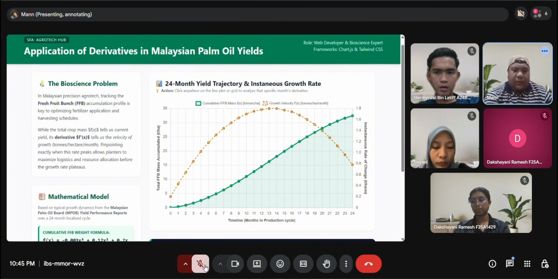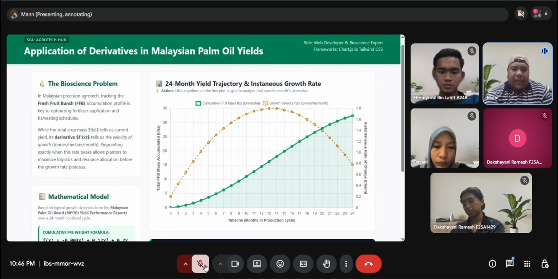So for the graph explanation, the graph shows two lines. The green line represents the total accumulated yield. As you can see, the growth is slow at the beginning, and then it becomes faster in the middle of the month and slows down again near the end.